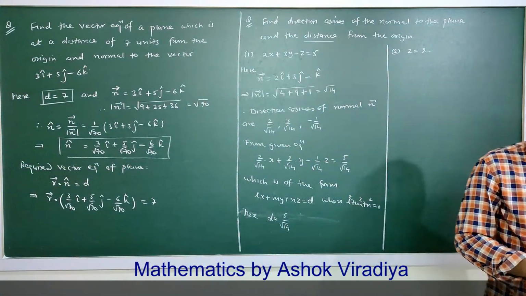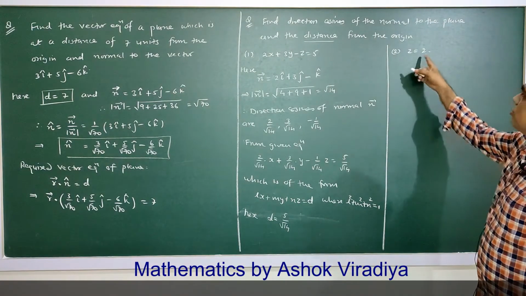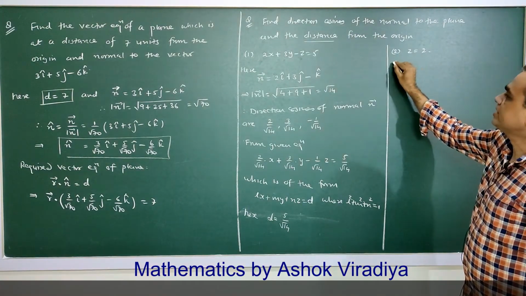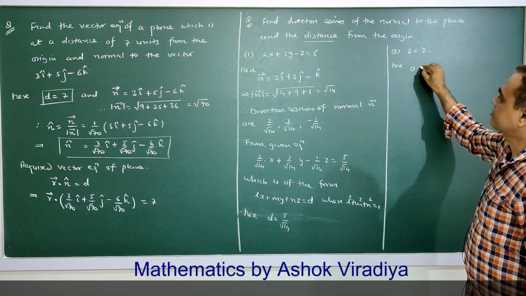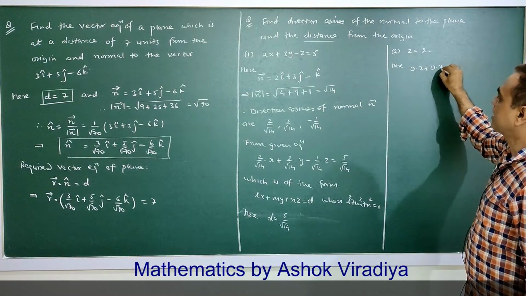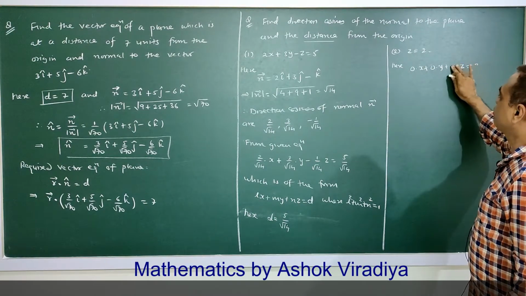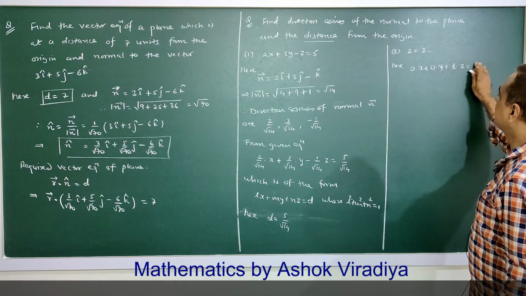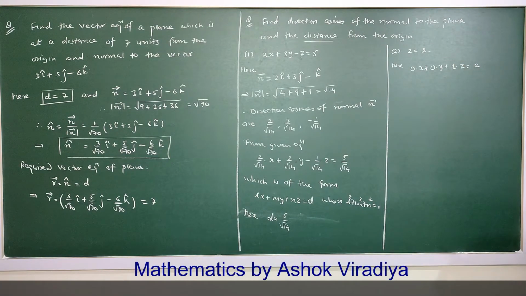Now in this question, z is 2. So this equation, you can see, is 0x plus 0y plus 1z equal to 2.